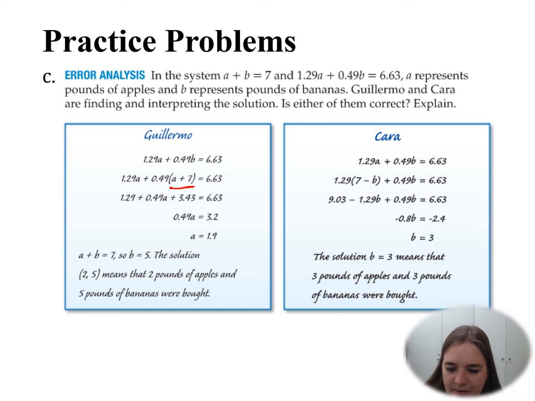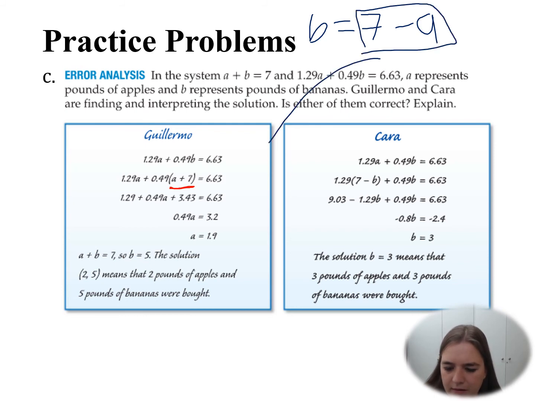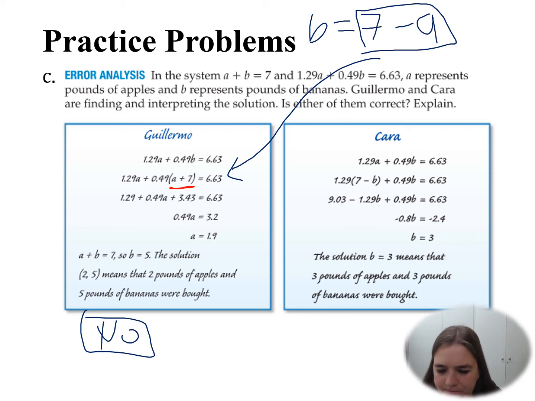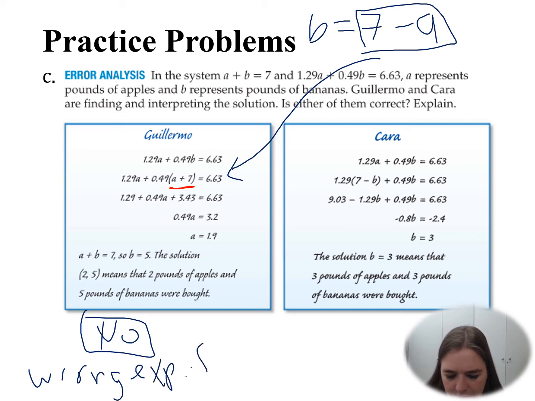So that means if I want to get b by itself, I have to take away a from both sides. Guillermo is not correct. He substituted in the wrong expression. So final answer is no, Guillermo is not correct here. He used the wrong expression for b.